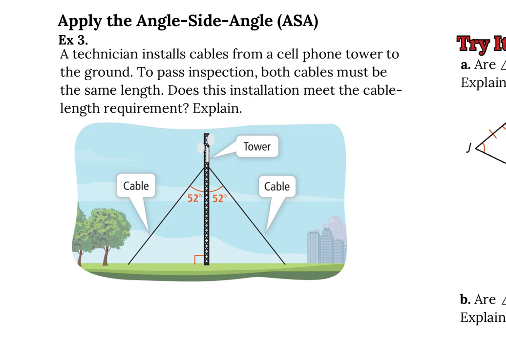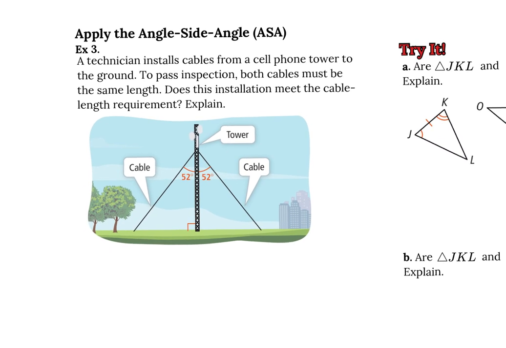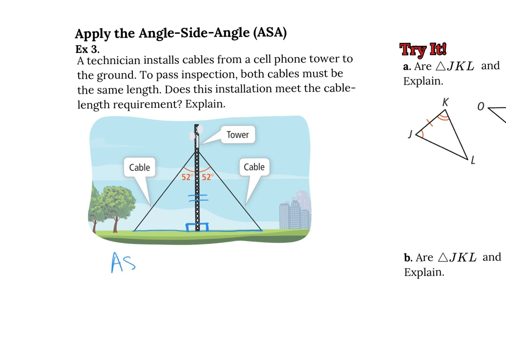We've got our tower with our cables, and our tower is perpendicular to the ground. They told us we have this 90-degree angle here, which means this also has to be 90 degrees. We know that the tower side is congruent through the reflexive property, so we can use angle-side-angle to prove congruence.